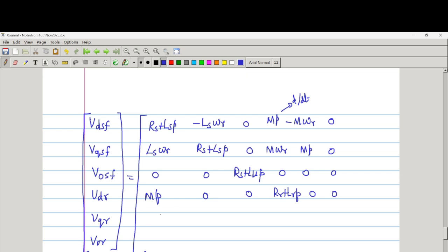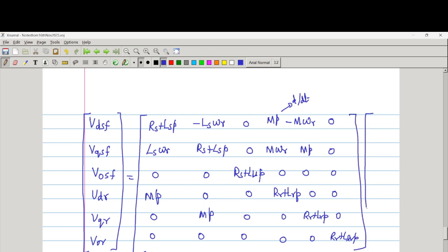Then we will have 0 minus 0 plus M into P, then 0 0 R plus LR into P 0, then 0 0 0 0 0 R plus LLR into P.